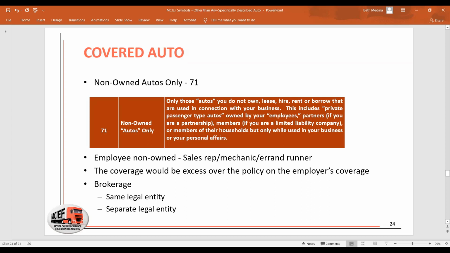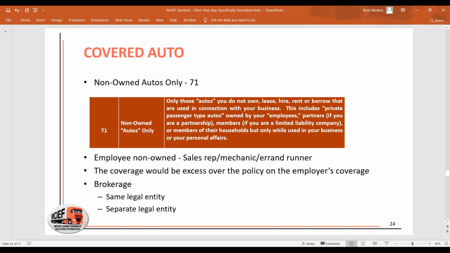So that's a non-owned auto exposure, and really, we have no rate. ISO has no rate for that exposure because typically the rate for hired auto is based on number of employees, not considering brokers. This is why it's so important to have it in separate legal entities, so you don't get this exposure on your hired auto, on your primary policy for the motor carrier.